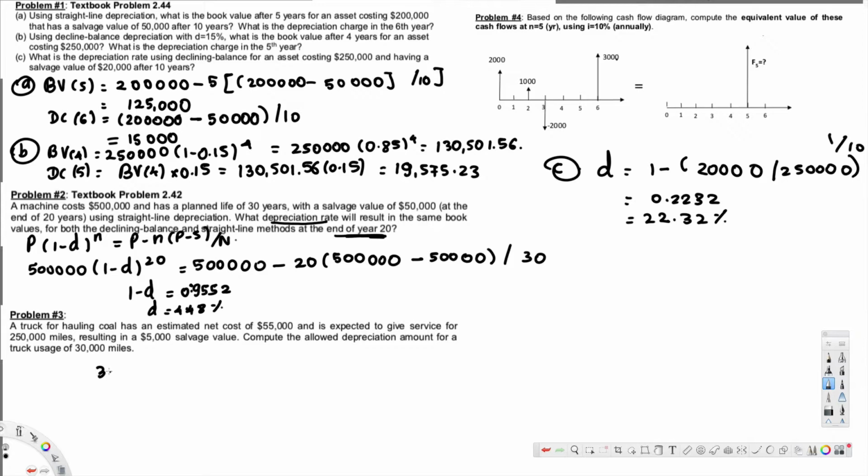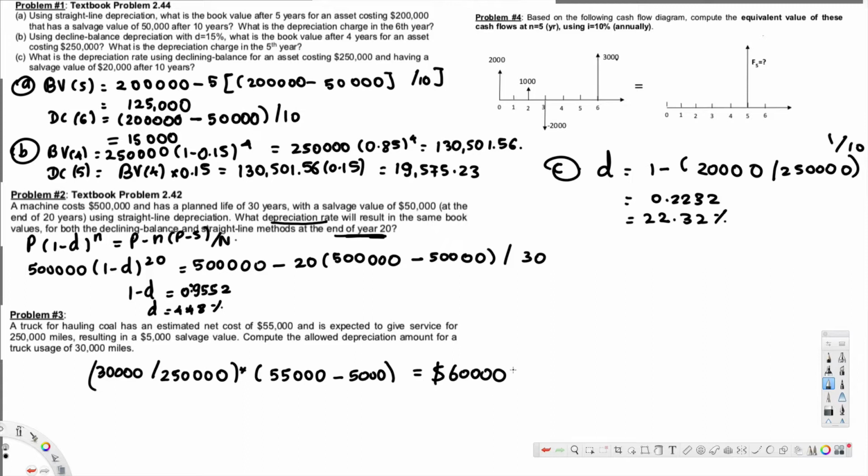Now to calculate this one, 30,000 miles divided by 250,000 miles of expected service, multiplied by 55,000 net cost minus 5,000, that's equal to $6,000. Okay, that's it for the third problem.